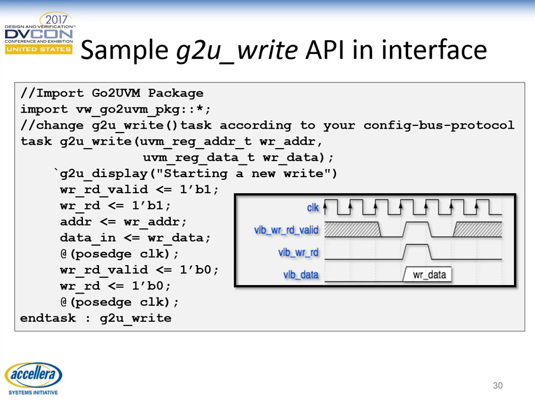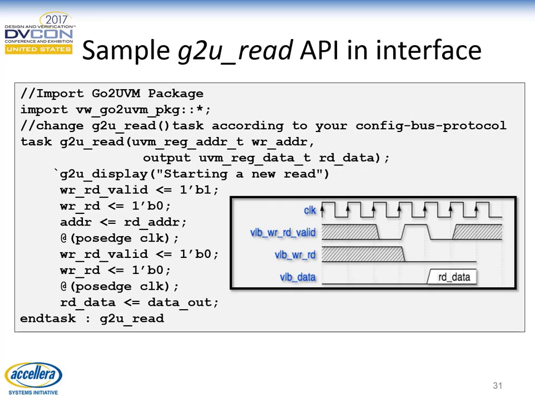This shows a simple approach where a designer can fill this part very easily without needing to know about UVM. All they need to do is import this package, use these macros, and fill this in based on their application's configuration bus protocol interface. This is the read API, which is similar.